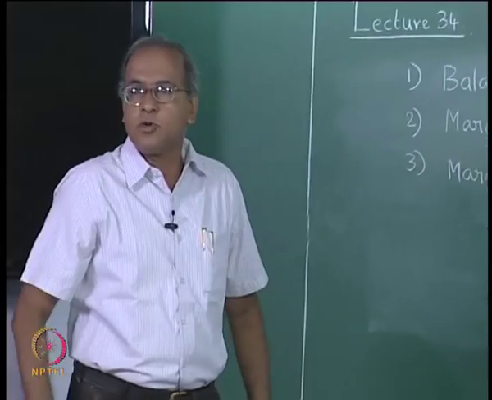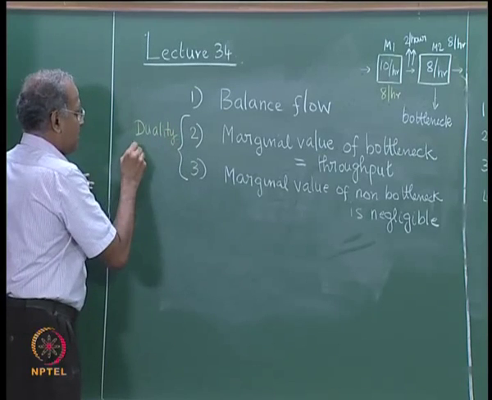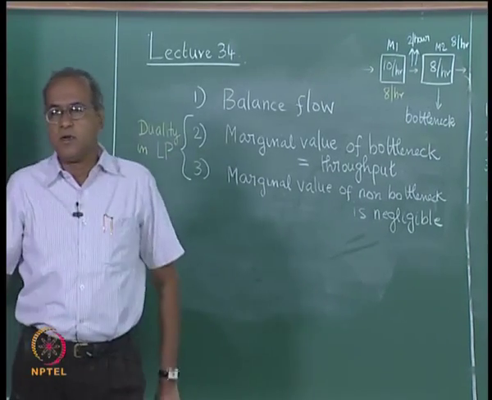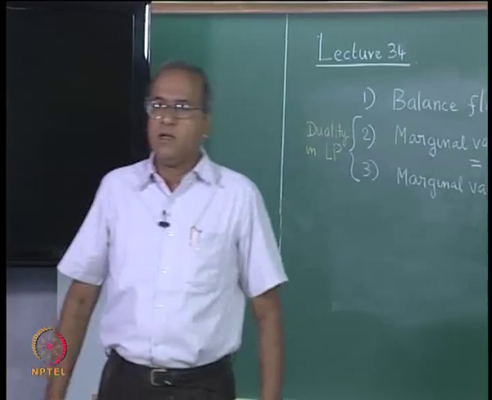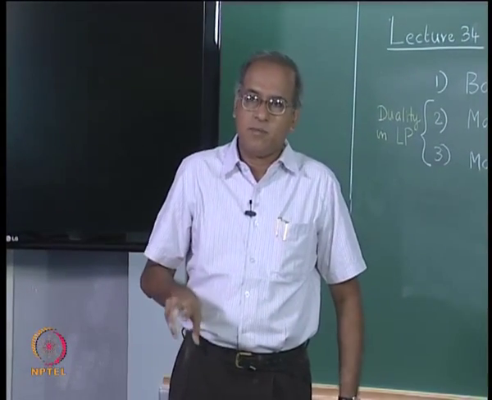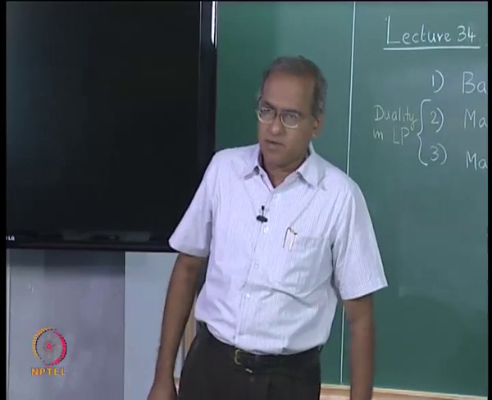Now principles 2 and 3 are extremely important, and they actually have a lot of relationship with the duality theory in linear programming. Now when we study linear programming, we also understand that there is a dual problem associated with every primal problem in linear programming.